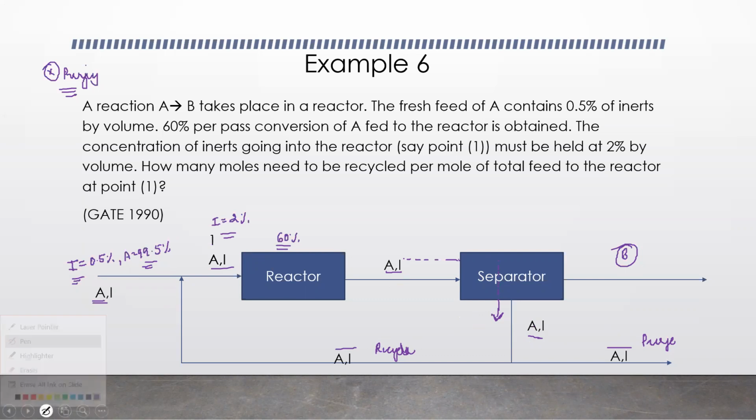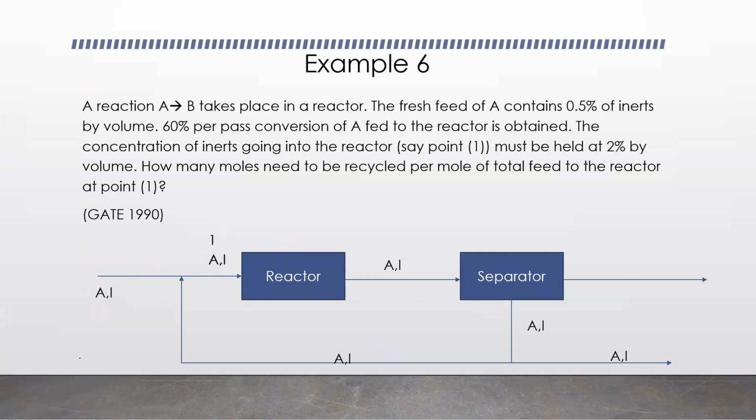All right. I'll just remove everything. I have just written all these things to clarify the question. But now I'm removing all of it and we'll start doing the problem. So we are going to take basis. Our basis that we'll take is 100 kilomole fresh feed.